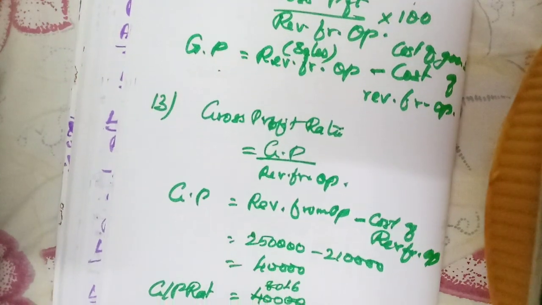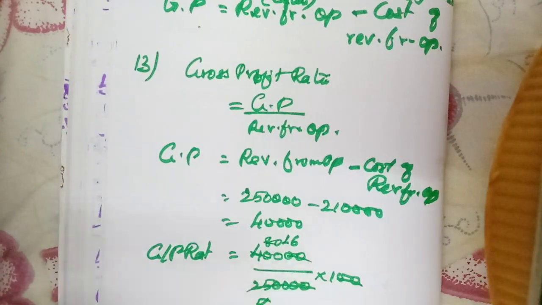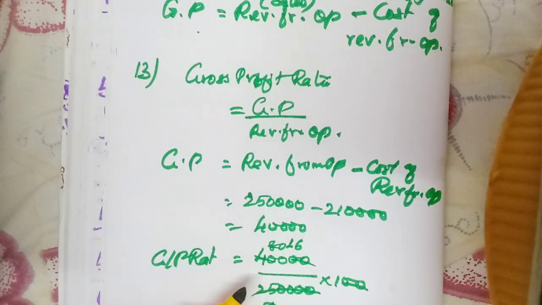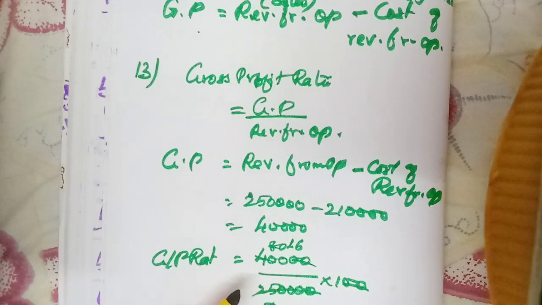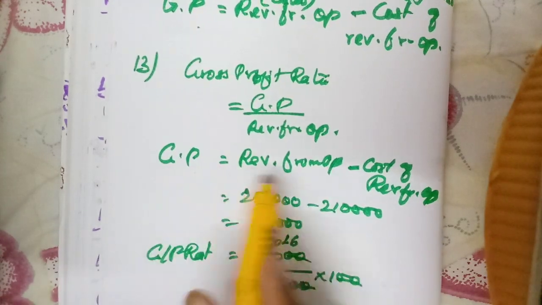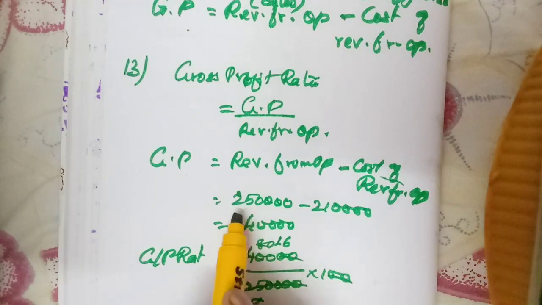The 13th exercise I have done. In the 13th exercise, revenue from operation, cost of revenue from operation and purchases are given. Purchases is not needed, they have given it just to confuse you. Here we need to calculate gross profit: revenue from operation minus cost of revenue from operation.